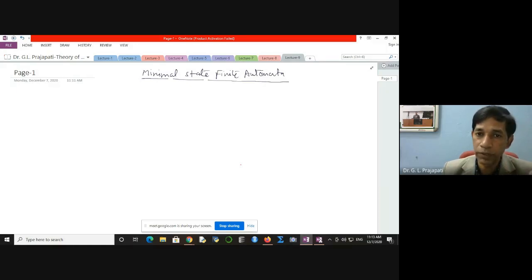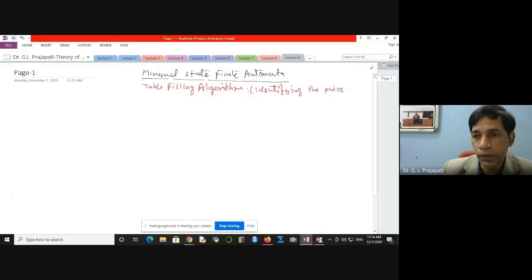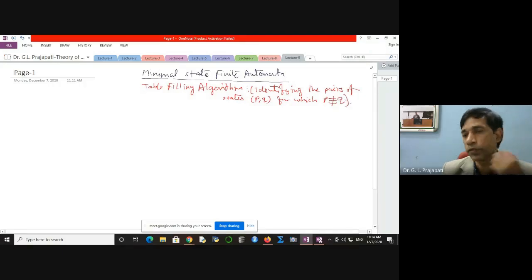So here we are going to see one algorithm, which is known as the table filling algorithm, for obtaining the minimum state DFA. This algorithm is used for identifying the pairs of states P, Q for which P is not equivalent to Q. This is the intuition of this algorithm.